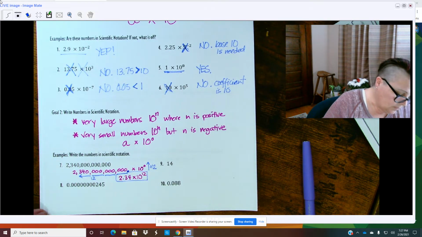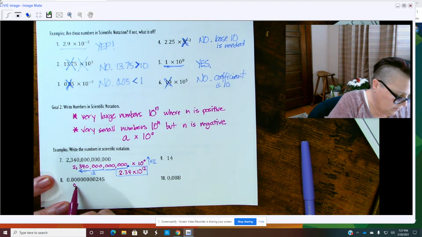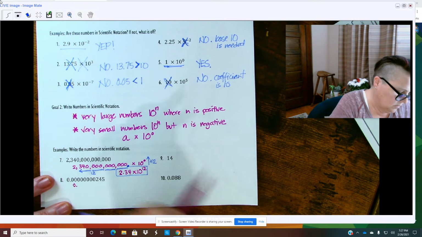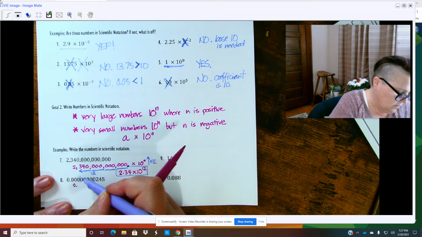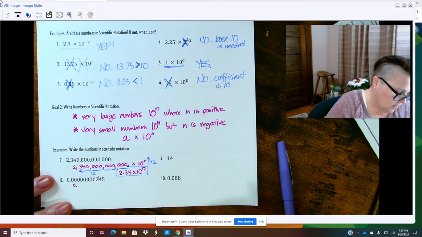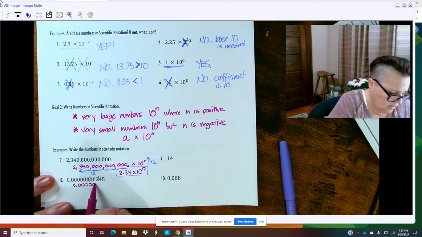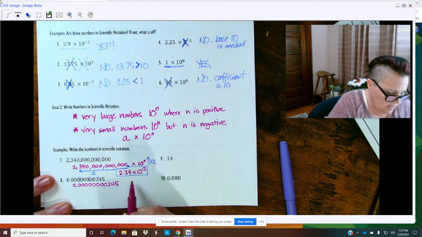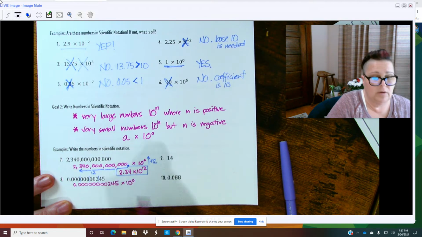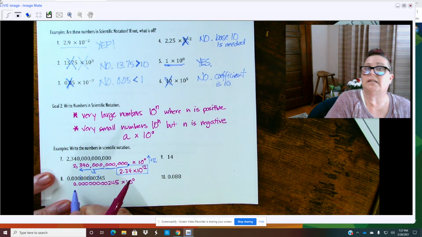Perfect. Let's look at problem number 8. Problem number 8, I would rewrite as 1, 2, 3, 4, 5, 6, 7, 8, 9. So I would go 0.02345678245 times 10 to the 0. I need to move my decimal point. It's already there.